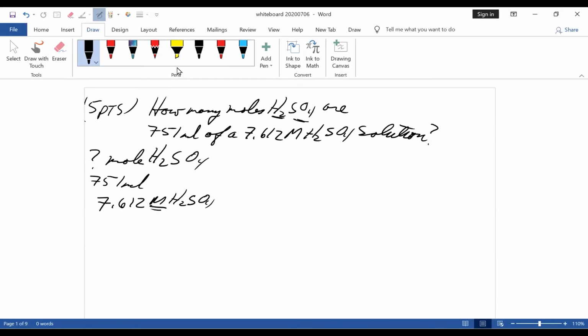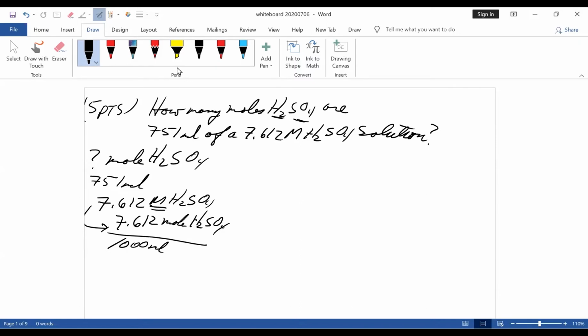As soon as you see capital M, what does that mean? Molarity. And molarity here would be 7.612 moles of sulfuric acid per 1,000 milliliters. And therefore, it's time to use your good buddy, your good friend, unit analysis.